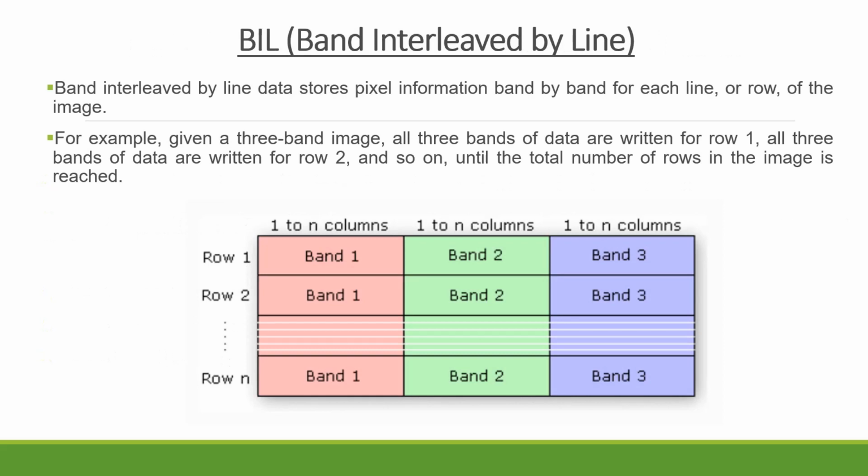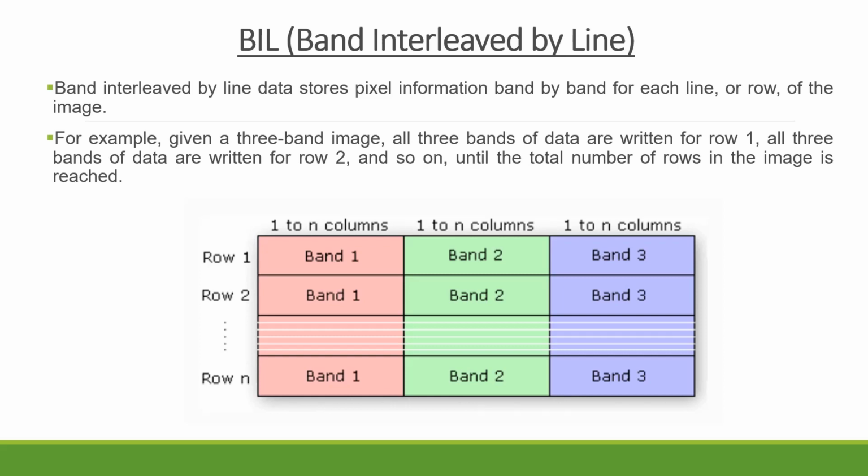First of all, BIL, or band interleaved by line format. In this type of format, we store line data one by one. Say we have an image composed of three bands: red, green and blue. In band interleaved by line format, first we store the first line of the first band.